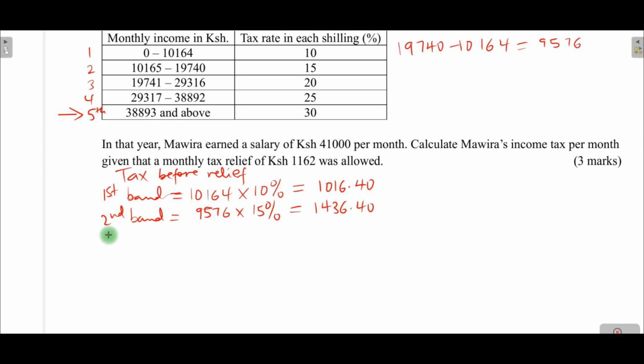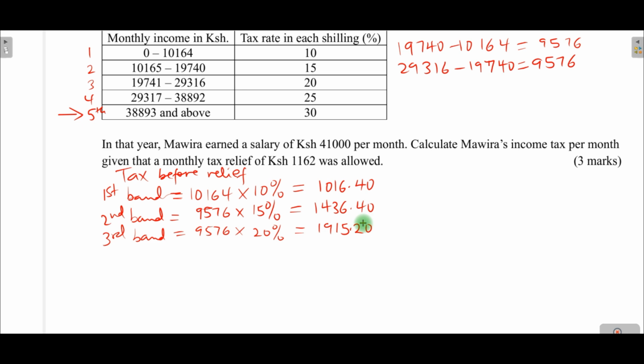1436.40. In the third band, the next will be 29,316 minus 19,740. Again we get 9,576. So in the next 9,576, the rate is 20% for each shilling. If you work it out, we get 1915.20.